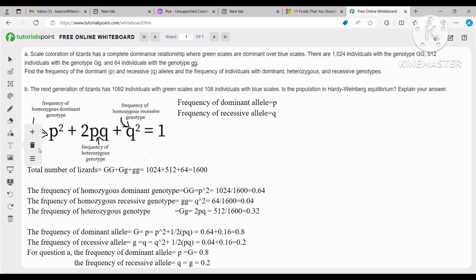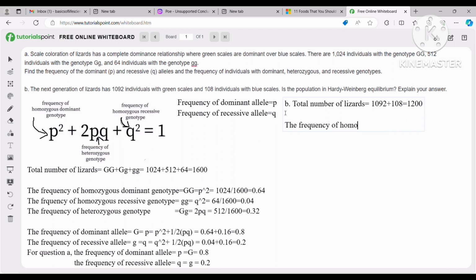Now see, even if they give you the frequency of the recessive allele, as you know p plus q is equal to 1. Using the frequency of the recessive allele, you can easily calculate the frequency of the dominant allele by subtracting the recessive frequency from 1. Now take the second question. Here also they have given the total individuals. In the total individuals, they just mention how many show the dominant phenotype and how many show the recessive phenotype.